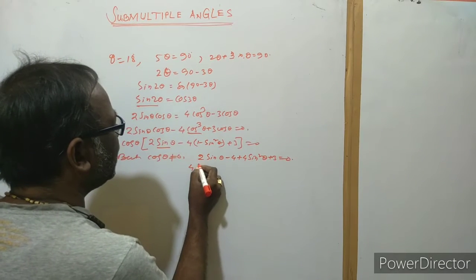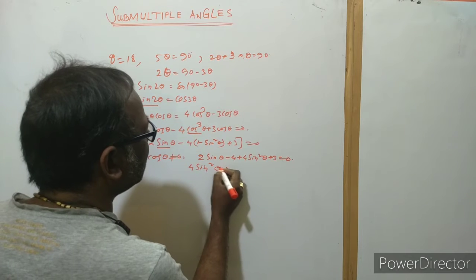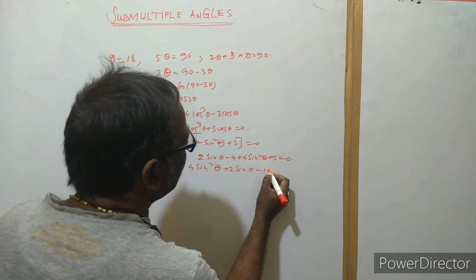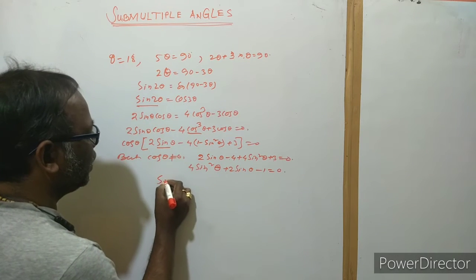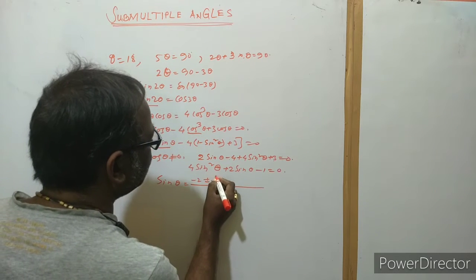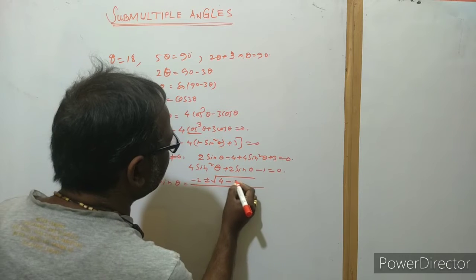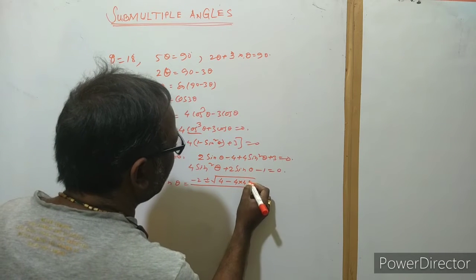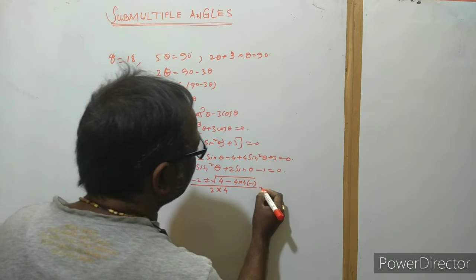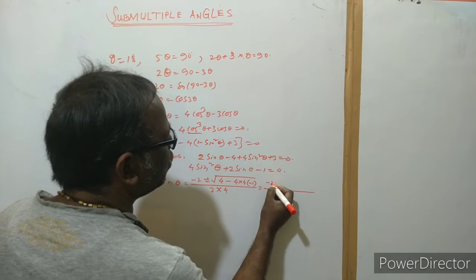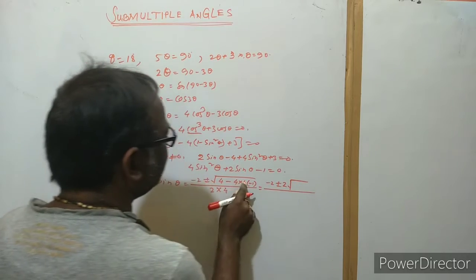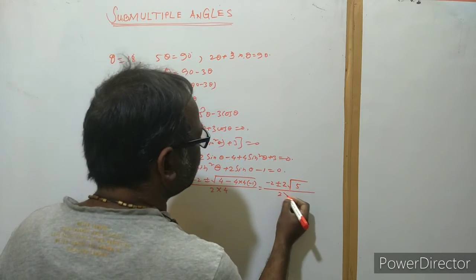Now we get the equation sin square theta plus 2 sin theta minus 1 equals 0. Now from the Shridharacharya formula, x equals minus b plus minus root of b square minus 4ac over 2a, where a is 4, c is minus 1, and b is 2. Then we get minus 2 plus minus root of 4 plus 1, which is 5, over 2 into 4.